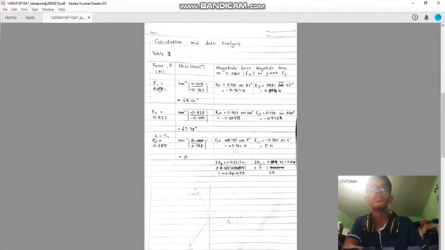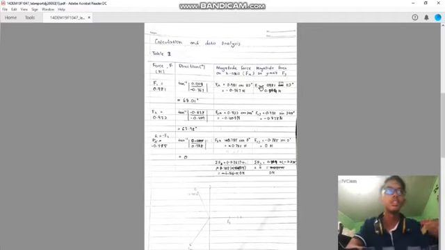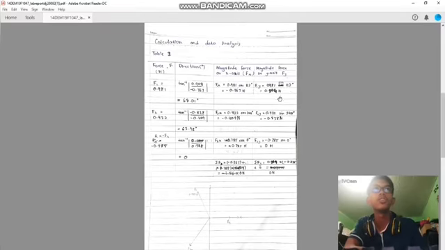Okay. For the F1, to find Fx is 0.981 cos 112 equal negative 0.367. So for Fy is 0.981 sin 112 equal to 0.864 Newton.